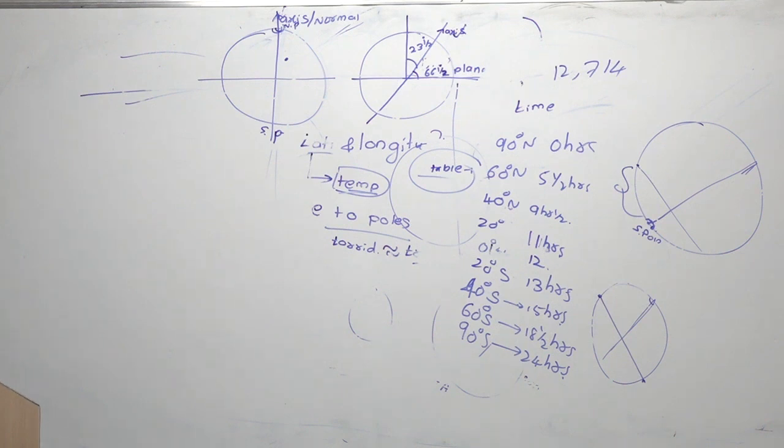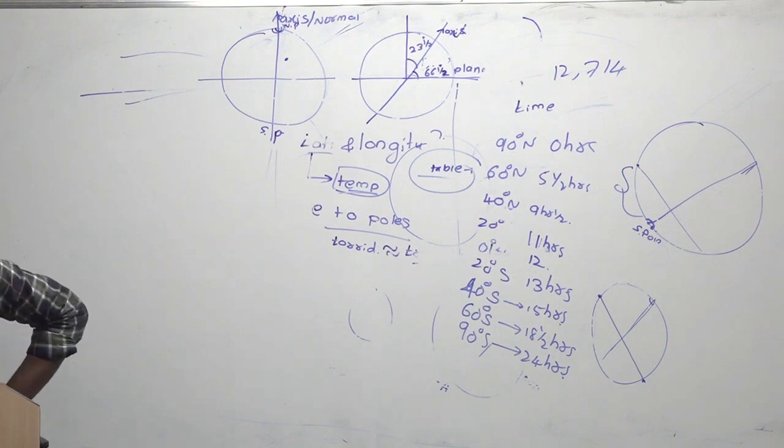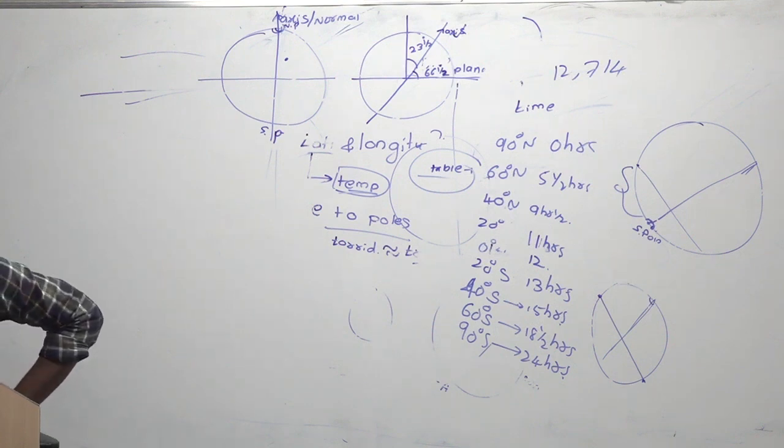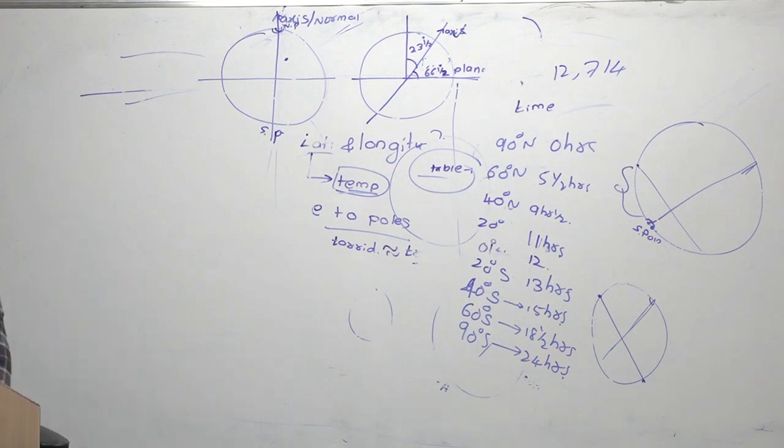Hence, in the North Pole, everything to the north of the Arctic Circle receives 24 hours of daylight.